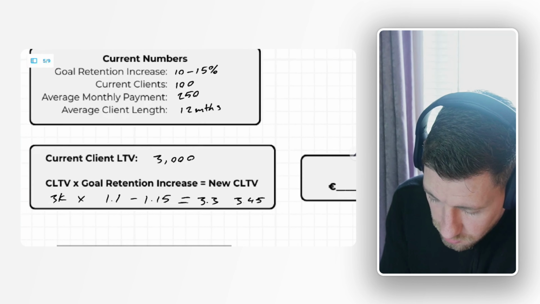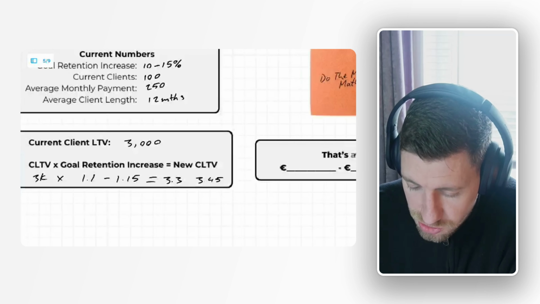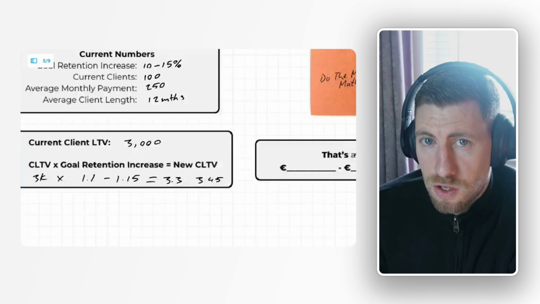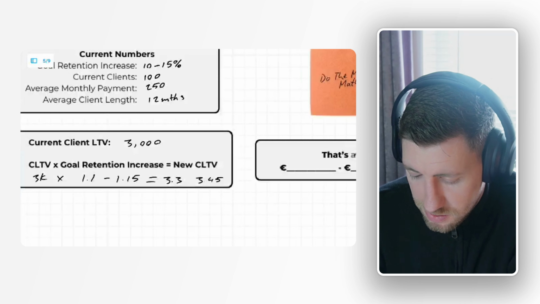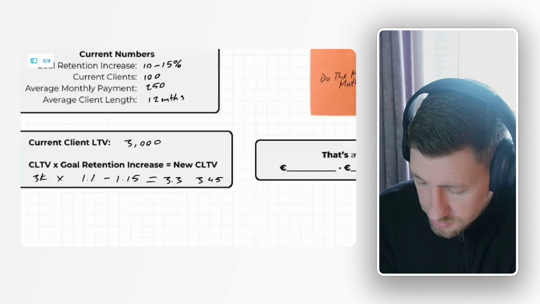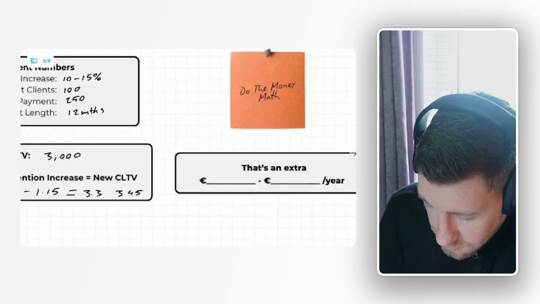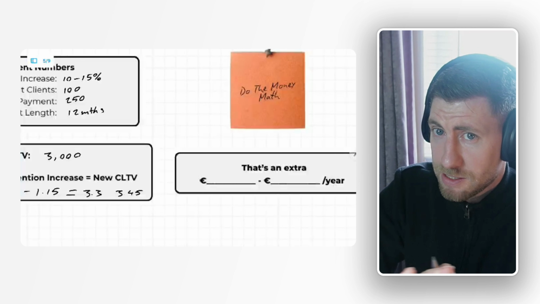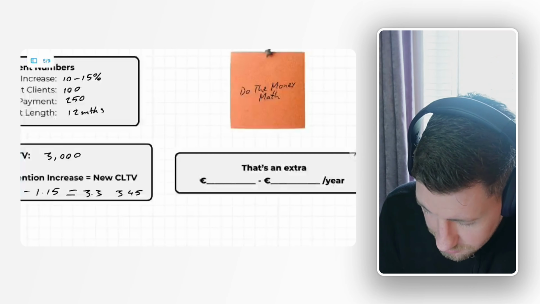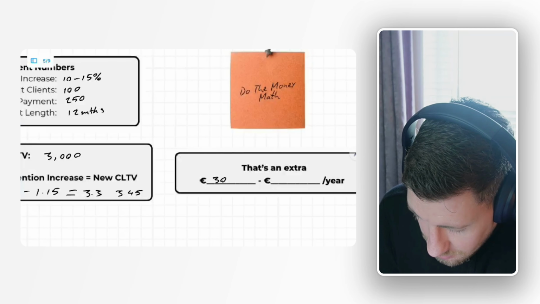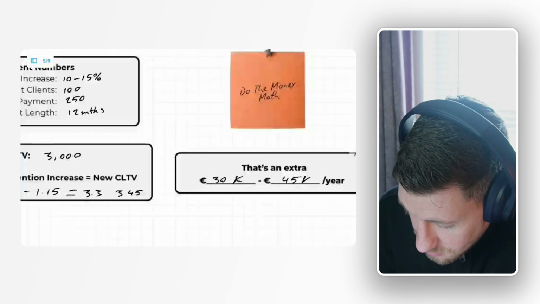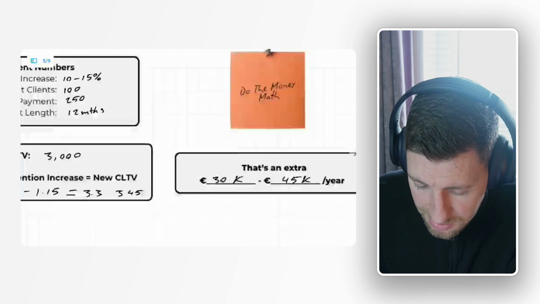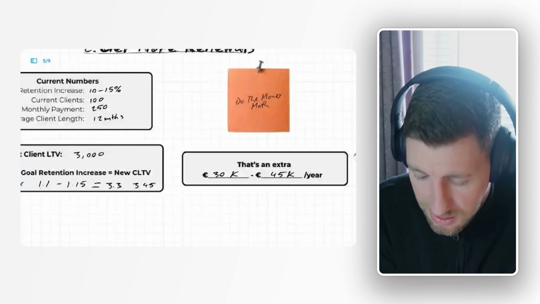Now, what you've done is you've increased each person's lifetime value by $300 to $450, euro, whatever that is. So if you have 100 clients, that's an increased yearly lifetime value from the exact same clients, no changes, just your current clients, of an extra 30K to 45K per year of those exact same clients, just by increasing it by 10 to 15%.